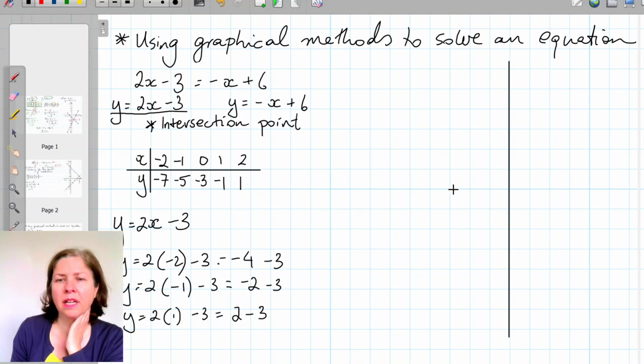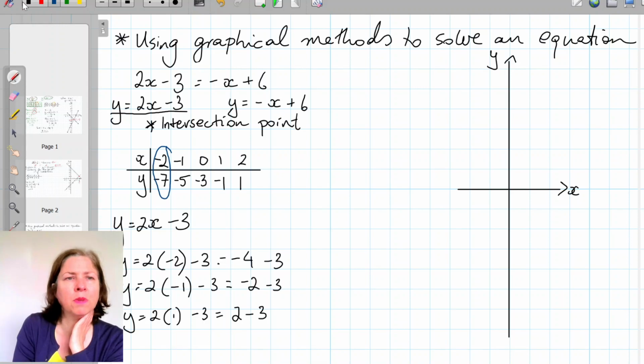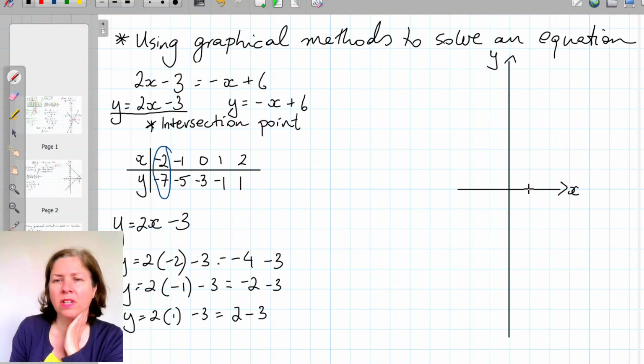Put my horizontal axis in here, and then I'll label x and y. And I'll start plotting those points. So my first point is negative 2, negative 7. Oh, I haven't labeled all my axes yet, sorry. That's going to be 1 and 2.